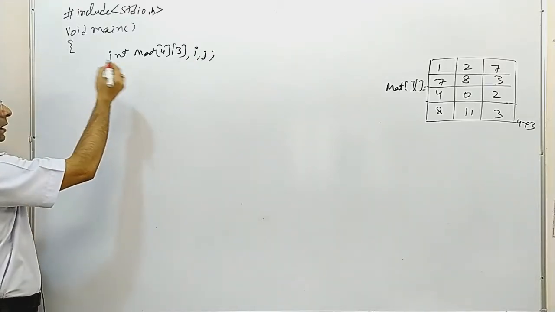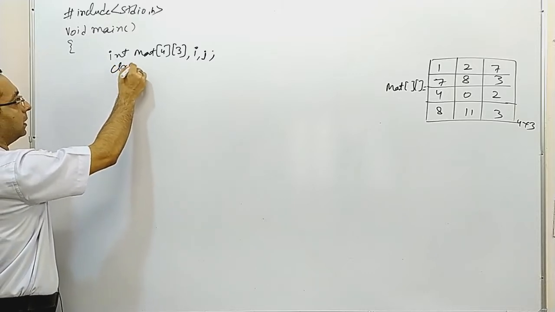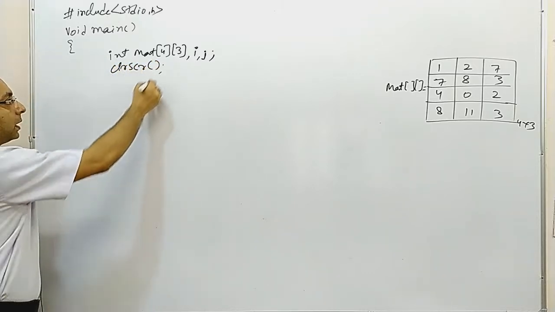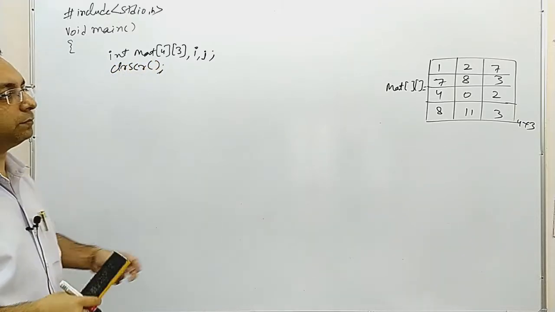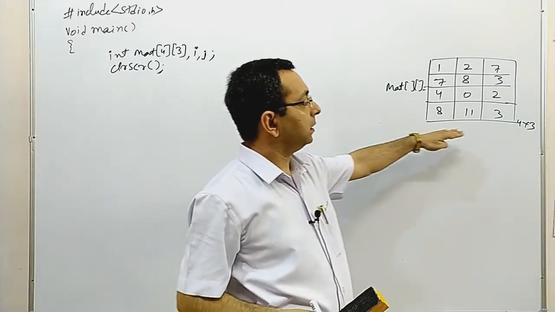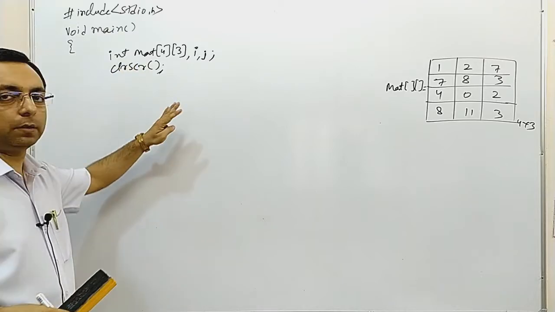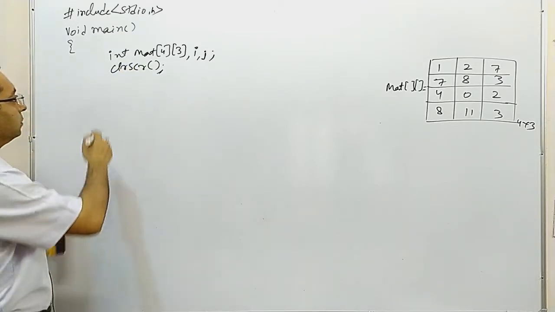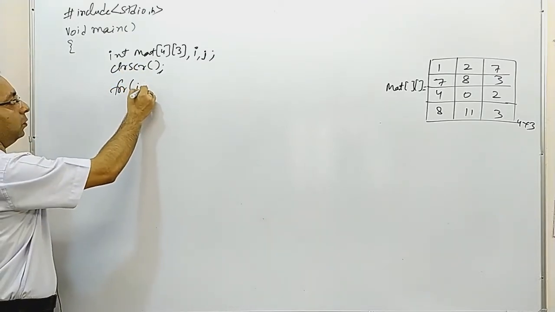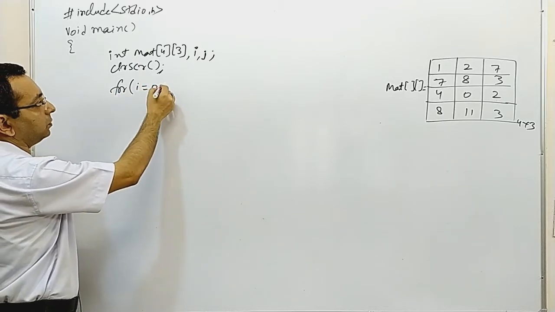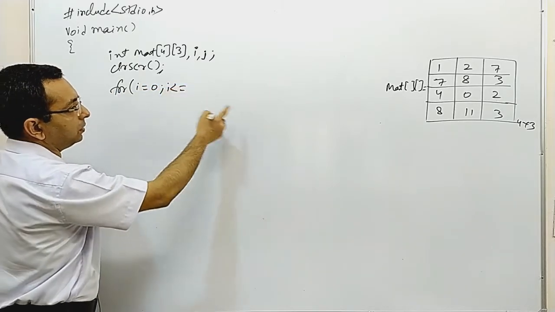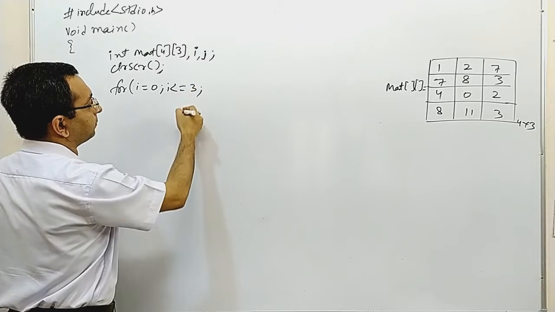Now for clearing the screen, the clrscr function. Because we already know the number of rows and columns, we are not asking the user for them. So we are starting the loop from 0 to less than or equal to 3.